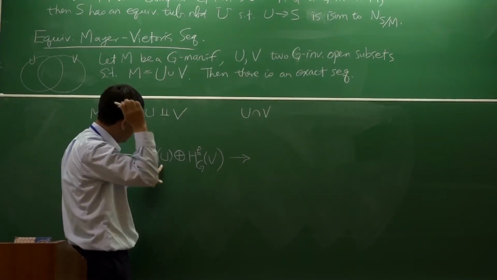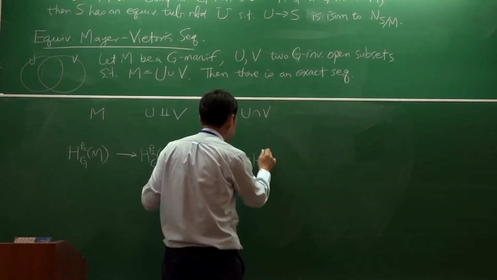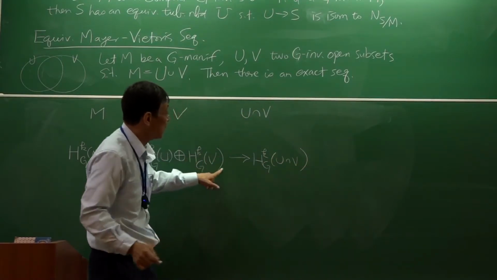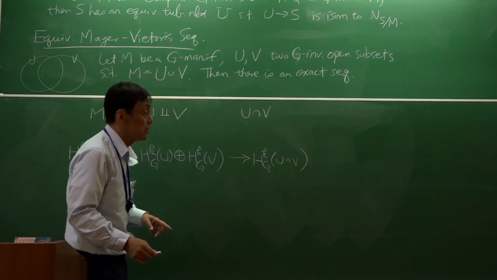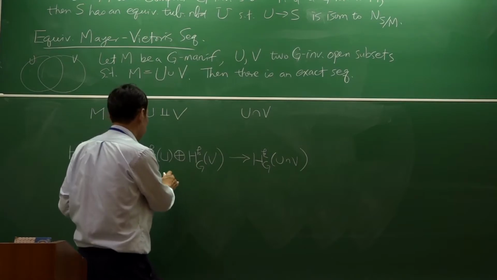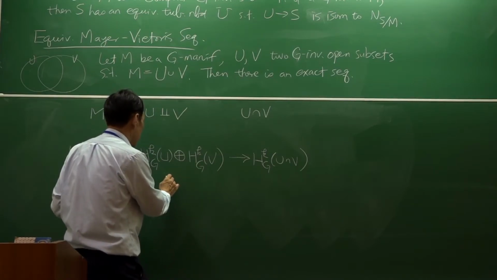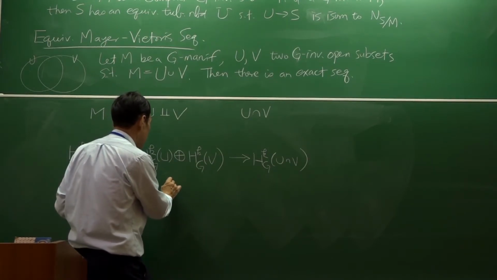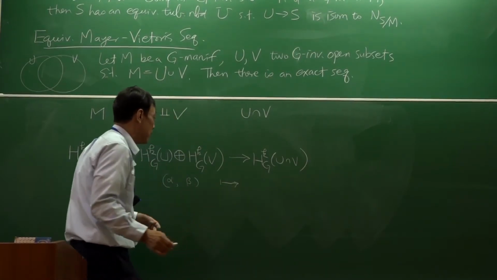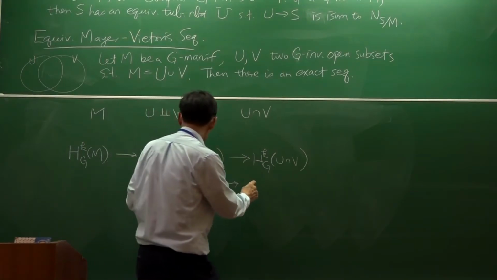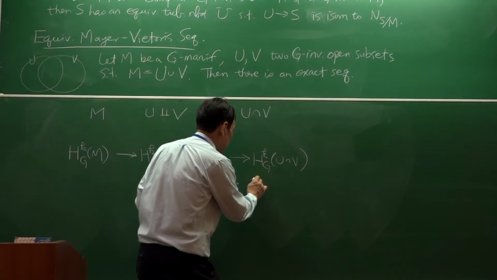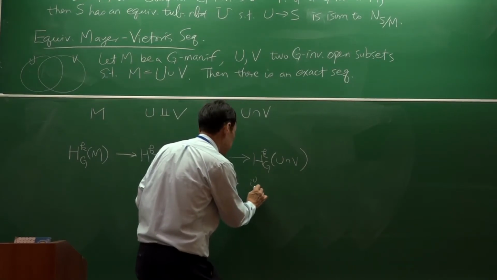And then something from U will restrict to the intersection. Something from V will also restrict to the intersection. So you take the difference. Okay? So this map is given by, say, (alpha, beta) goes to, you restrict from U to the intersection.